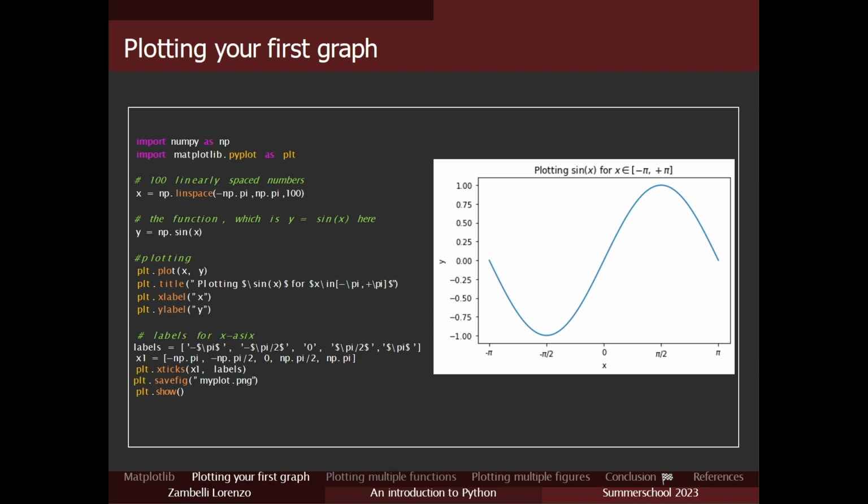If you want to change other points, you just add them. Easy. So plt.xticks, the x1, which are our points that we want to change, and the labels that we want to show. Then savefig, so we save the figure in some place, and then the show function always at the end.